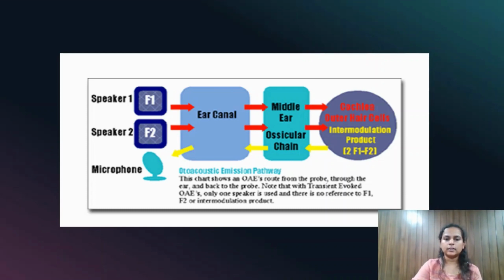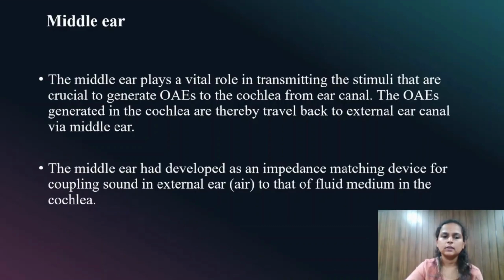In the cochlea, the intermodulation product occurs and it goes back to the middle ear and ear canal, and this will be recorded by the microphone. The middle ear also plays a vital role in generating OAEs, transmitting stimuli to the cochlea from the ear canal, and the generated OAE travels back from the cochlea to the external ear canal via the middle ear. The middle ear developed as an impedance matching device for coupling sound in the external ear to the cochlea.